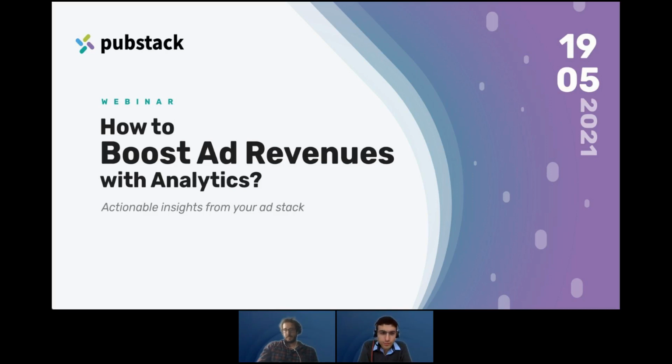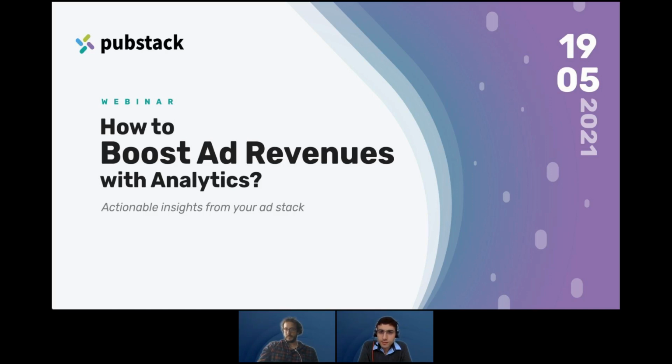The choice of the topic today comes from a simple observation that we've made over the past month: a lot of publishers understand quite well why data and analytics are important and why it's essential to monitor what's happening on the ad stack, essentially to find out if there are issues in the settings, to find out if the monetization is broken in some elements of the inventory.